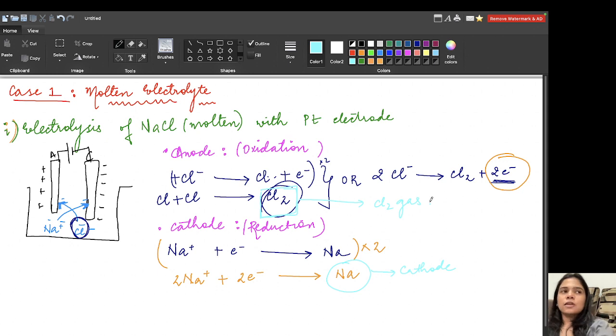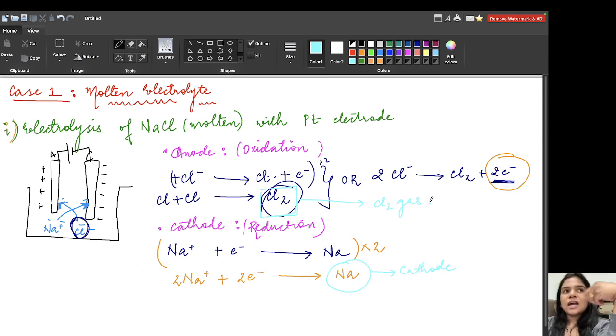Electrolysis of NaCl, you are just pouring NaCl in an electrolytic cell. You have an anode and cathode. So at anode, your anion is going. What is our anion here? Cl minus is our anion, right? So Cl minus goes to anode, undergoes oxidation to give Cl plus electron. Cl and Cl combine together to give you Cl2.